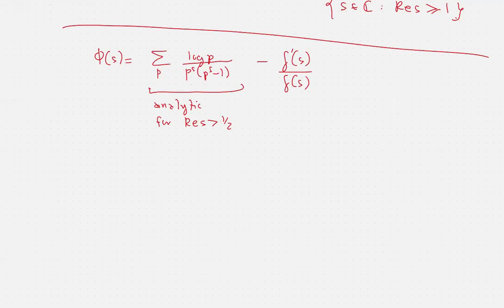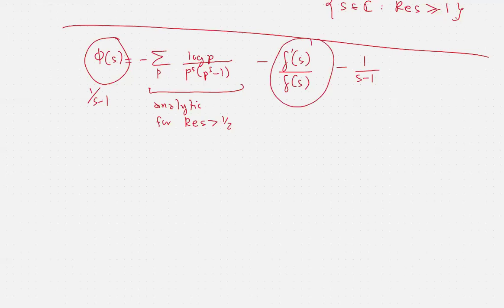And so to establish this property, that phi of s minus 1 over s minus 1 has the desired behavior, first one has to study the pole of this function at s equals 1. One can show that indeed this function has a simple pole at s equals 1.